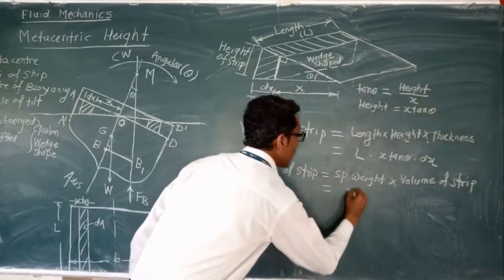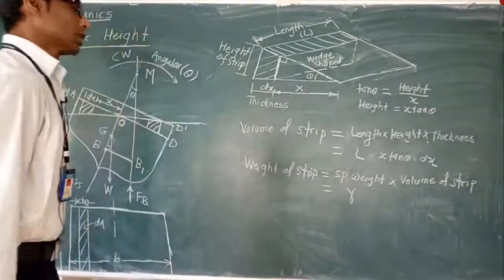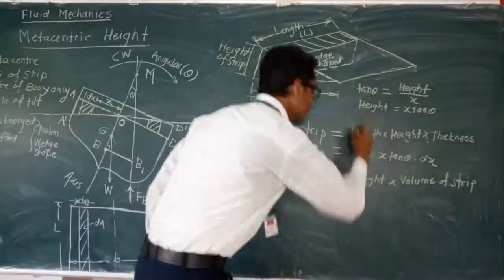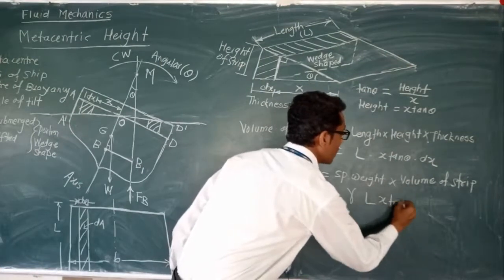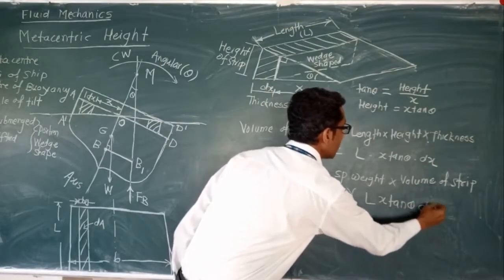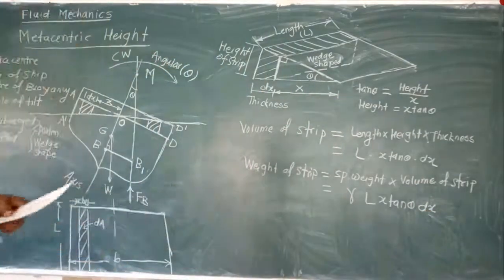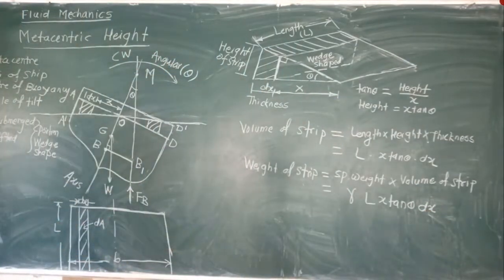Specific weight of strip is gamma. Volume, we have this step that we repeat here. So gamma L x tan theta dx, this is the weight of strip.